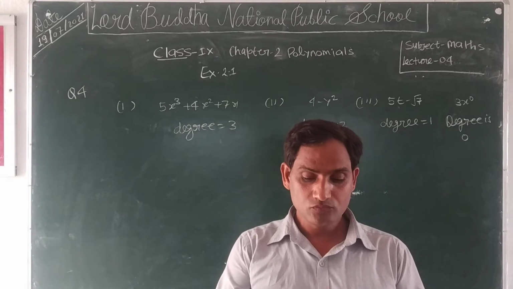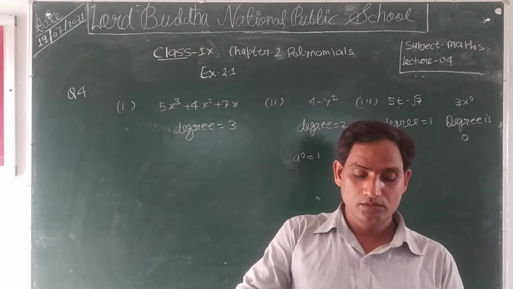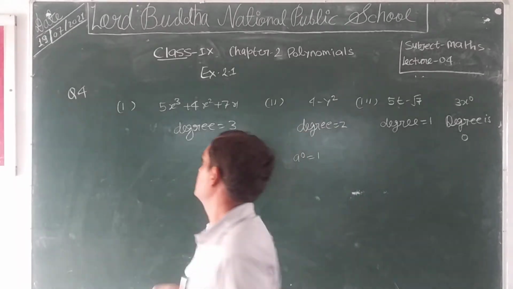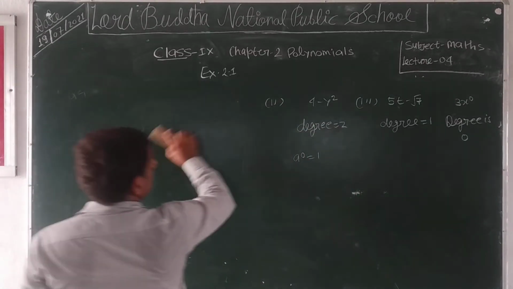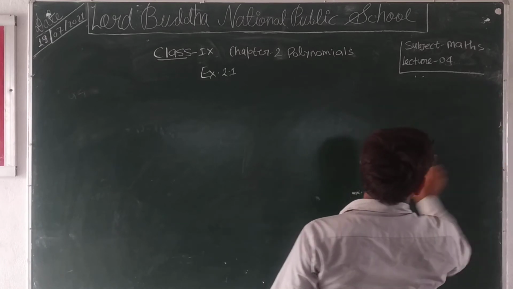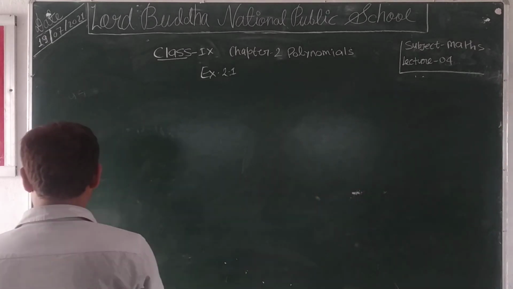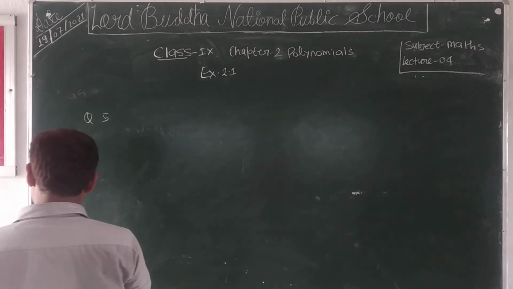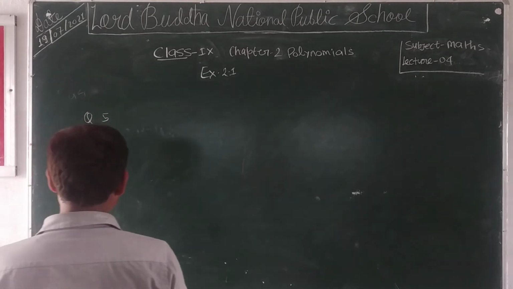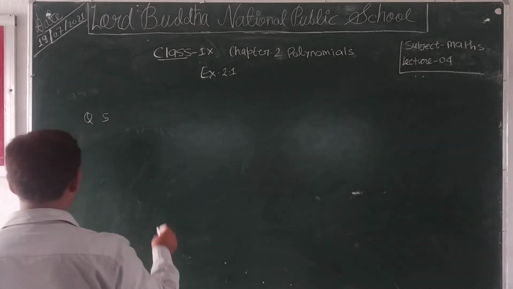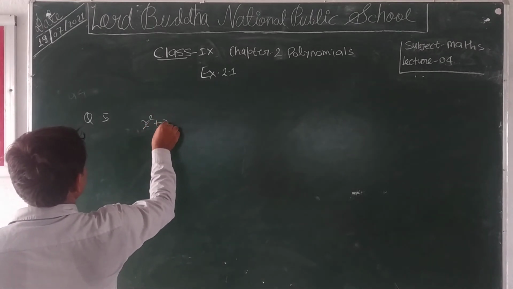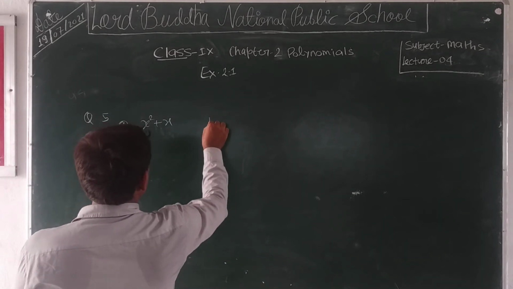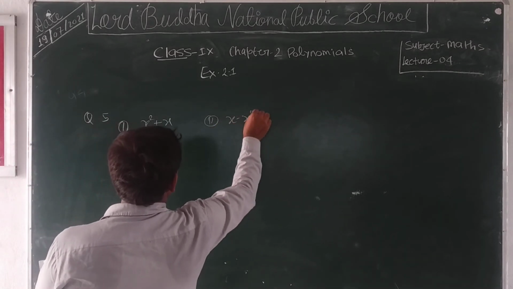Now, we discuss the last question, question number 5. The question number 5 is: classify the following as linear, quadratic and cubic polynomials. First part x square plus x. Second part x minus x cube.